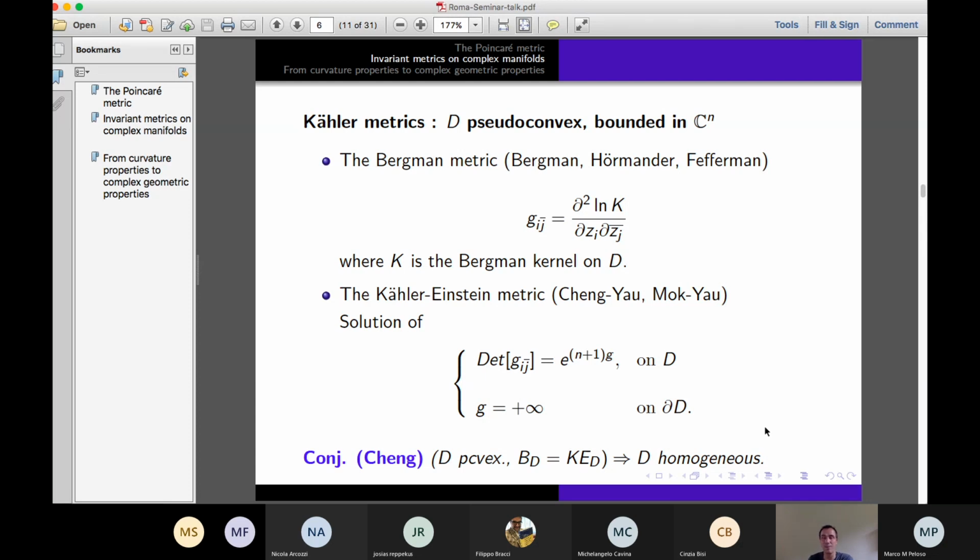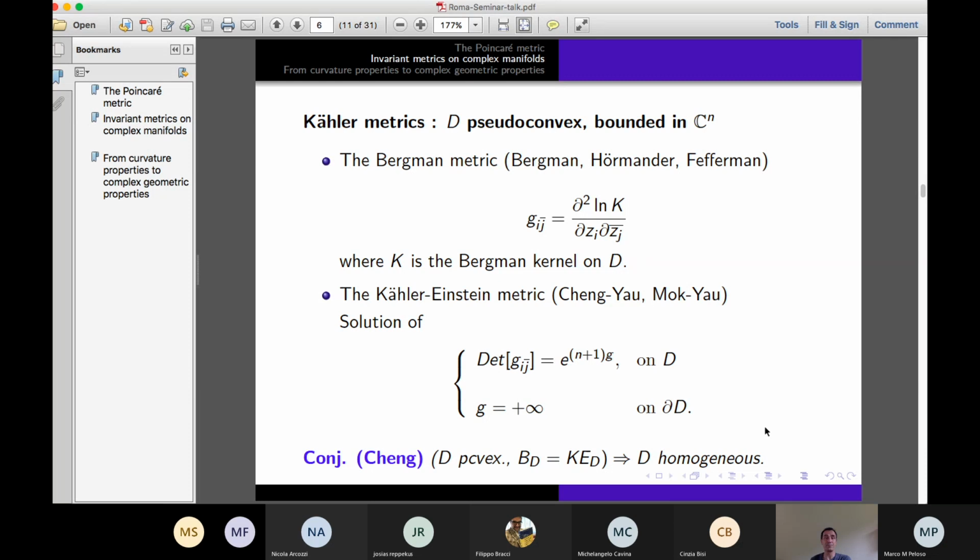This conjecture was proved for a certain type of domains, the strictly pseudo-convex domains. It was proved in a special case by Nemirovski and Shafikov, and then in the general situation by Fu and Wong and by Huang and Xiao.